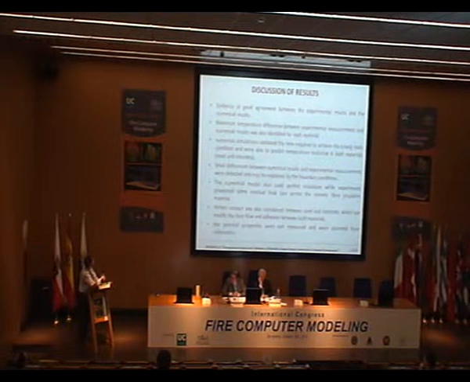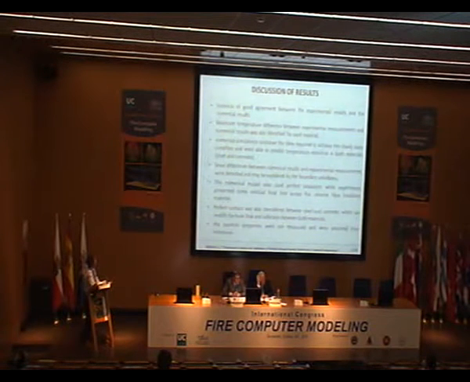This was an important value that we need to know, because we need to decide how long we should keep the system running for achieving the constant temperature level. Some small differences between numerical results and the experimental measurements were detected, and may be explained by the boundary conditions, of course.